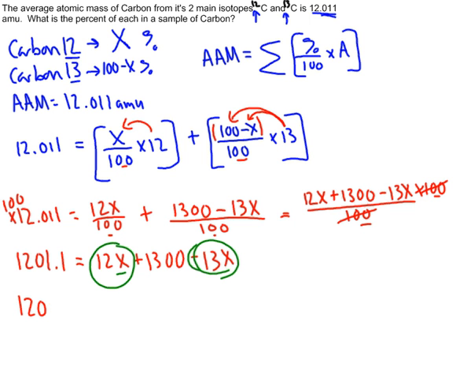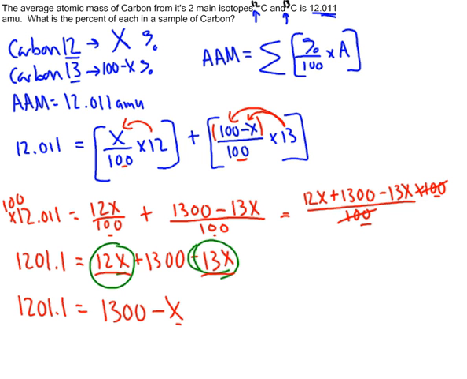And so the next step looks like this. Again, 12x minus 13x is negative 1x, which is what we have here. So we're getting close. We want x by itself, which is really what we were trying to get at all along to get that unknown. So we just got to move the 1300 over, and we will have a final answer for x.